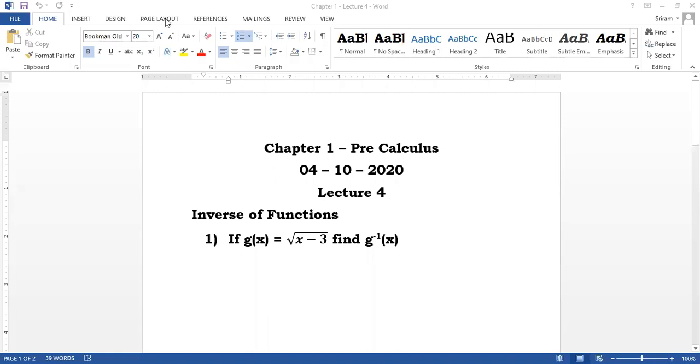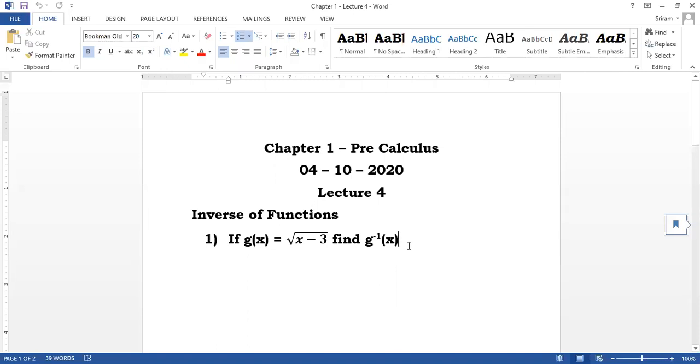What is the meaning of this? I have a function, and I need to find what is the inverse. The meaning of inverse is just the opposite.